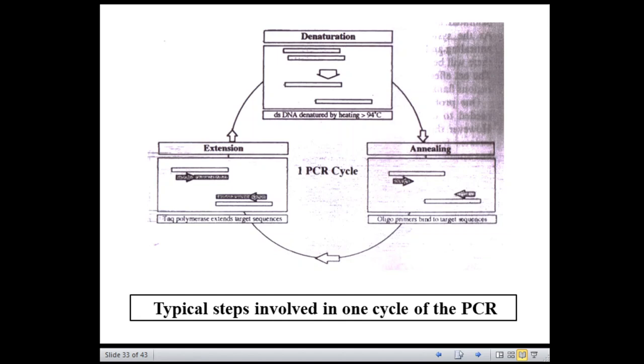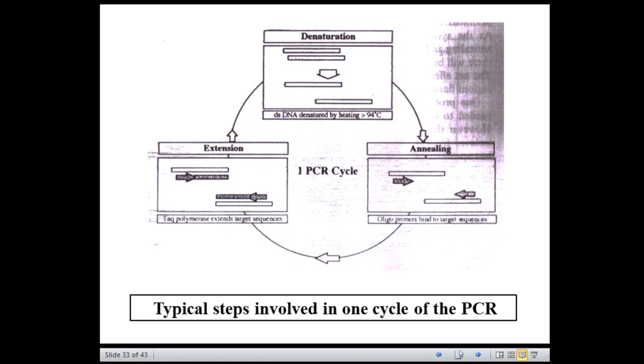The precise temperature is critical, and each PCR system has to be defined and optimized. So it's all about temperature. Precise temperature is very critical, and each of the steps, denaturation, annealing and extension, has to be defined and optimized.